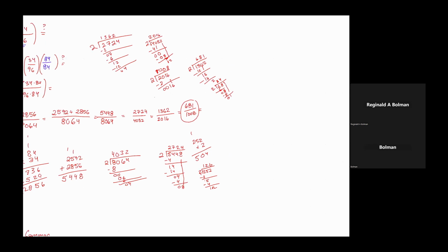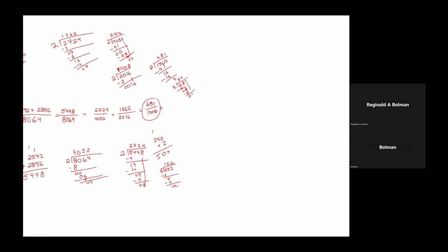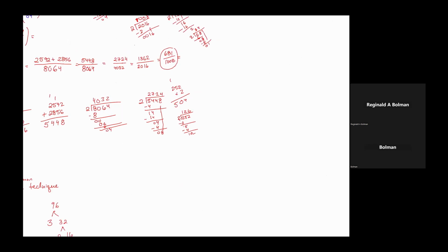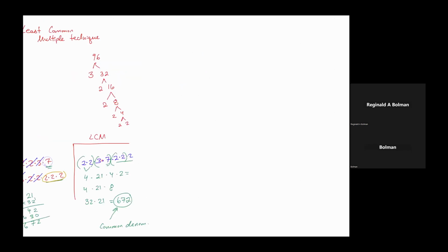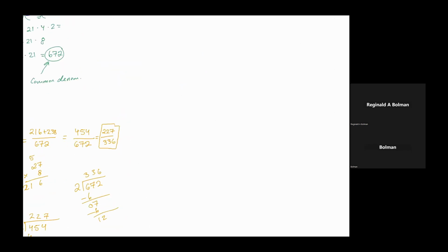And then you had a ton of division problems, and we still weren't at our final answer. We had gotten 681 all over 1008, and we were not even finished there. It was possible that we could still reduce it. In fact, we should have been able to reduce it to 227 all over 336 unless we had made a mistake.